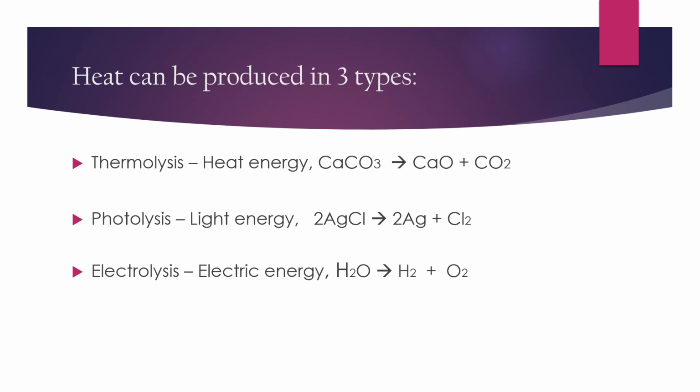The next one is electrolysis, that is electric energy will be supplied. As I have told, we will learn electrolysis in the next chapter in more detail. Till now just keep in mind that electrolysis means the supply of electric energy; the reactions will be carried out through electric energy, for example H2O.